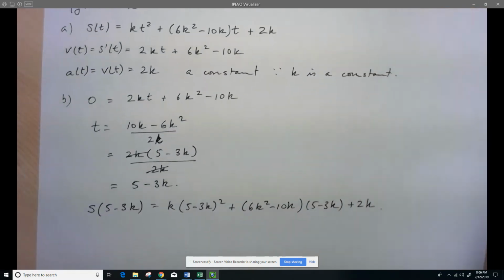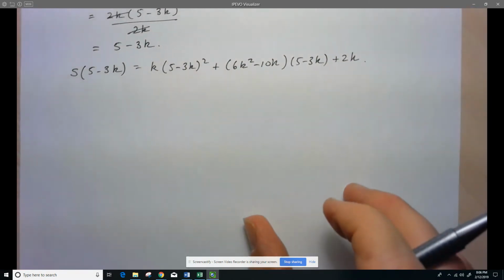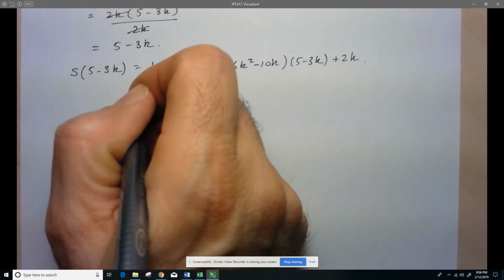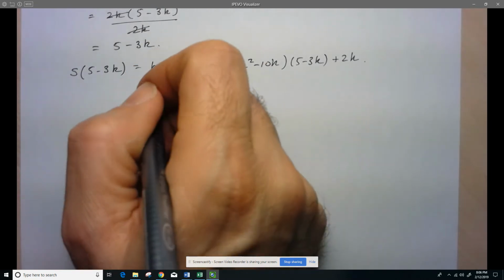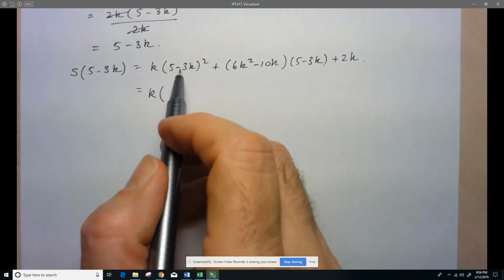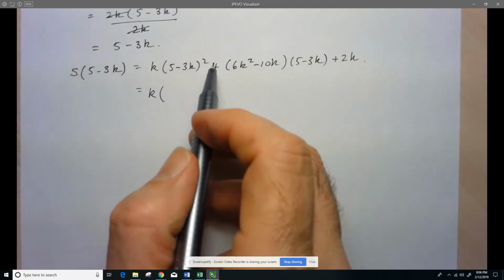Okay, and now we just have to do a whole bunch of algebra. So again, this just goes to show you how important it is to have those strong algebra skills when taking a calculus course. So here k times, so we're going to square this. So think of this as 5 minus 3k times 5 minus 3k.